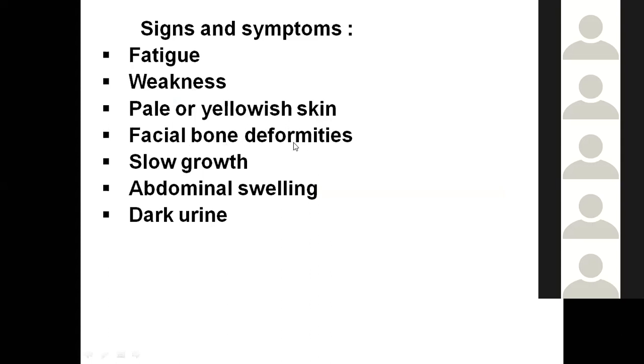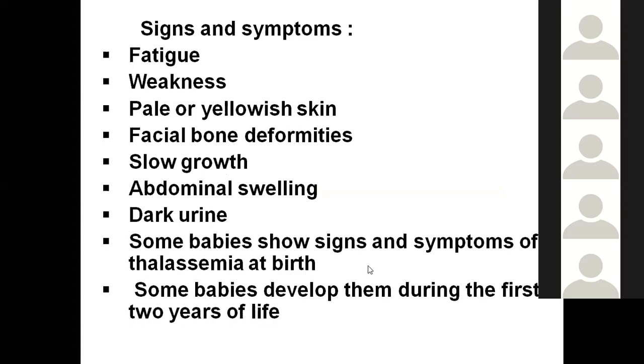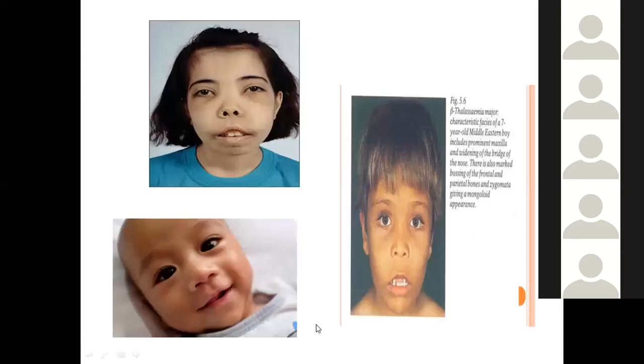Facial bone deformities, slow growth, abdominal swelling, dark urine, and some babies show signs and symptoms of thalassemia at birth because when they are born, their face is swollen and the nose bridge is widened, and the frontals also have a swelling. And some babies develop them during the first 2 years of life.